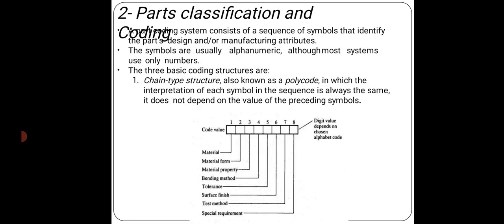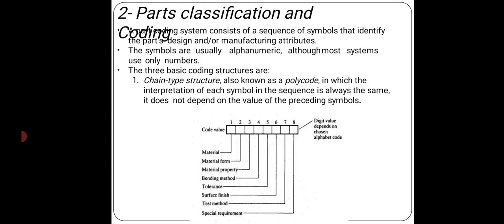The third expresses material property. Fourth one, bending method. Fifth one, tolerance. Sixth one, surface finish. Seventh one, test method. Eighth one, special requirements. These eight digits carry particular information about the part, expressing the details of the particular part. This is the chain type.